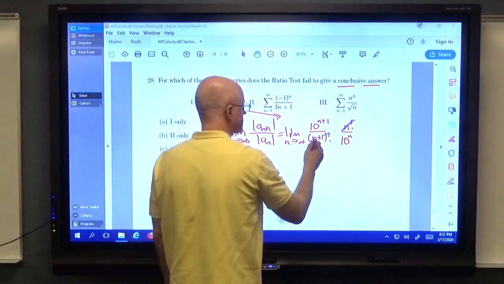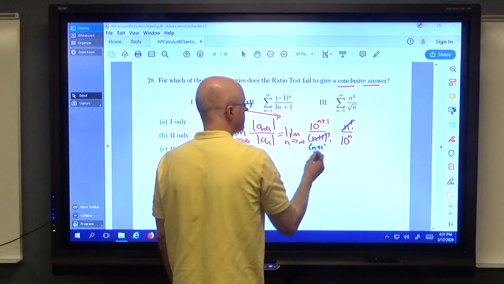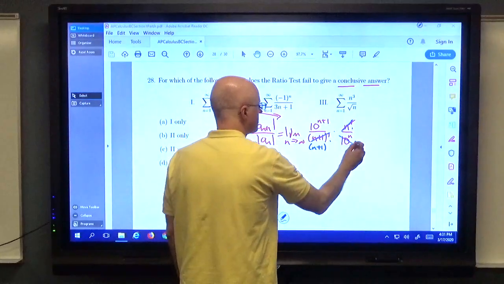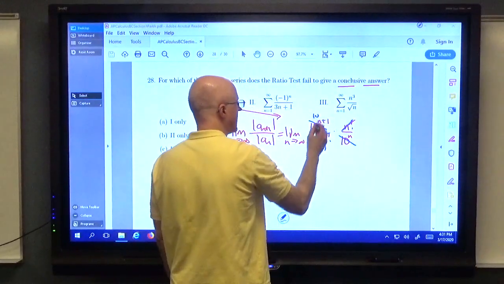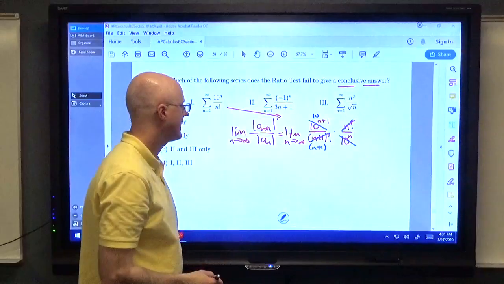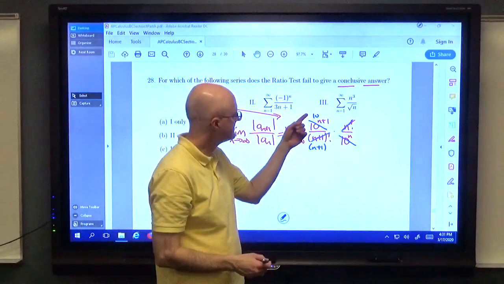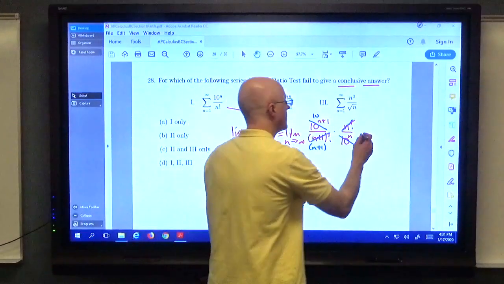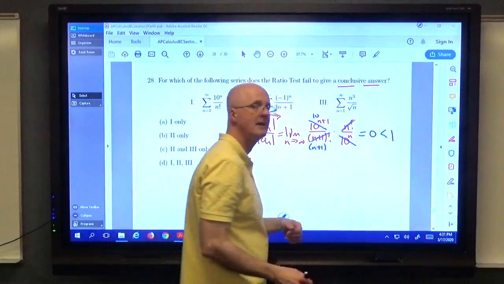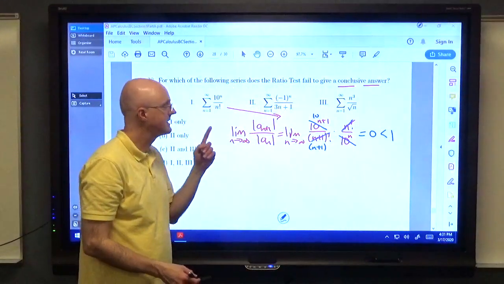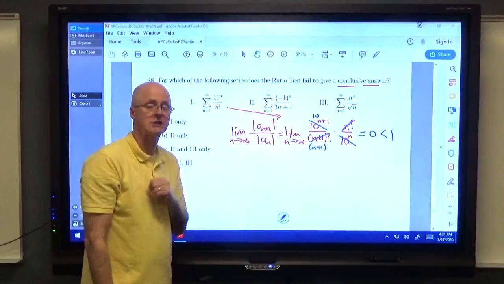That completely cancels. This partially cancels to leave an n plus 1. This completely cancels. This partially cancels to leave a 10. You're left with the limit as n goes to infinity of 10 over n plus 1, which is 0, which is less than 1. The ratio test does give a conclusive answer that this series converges.